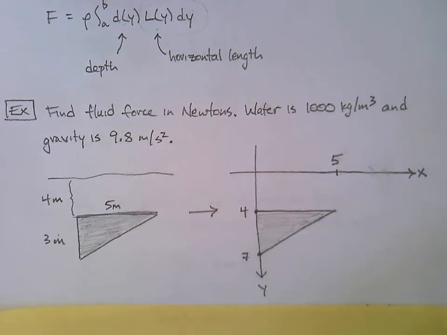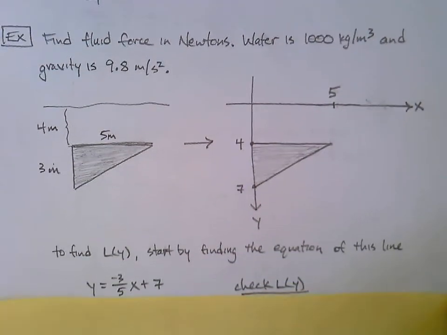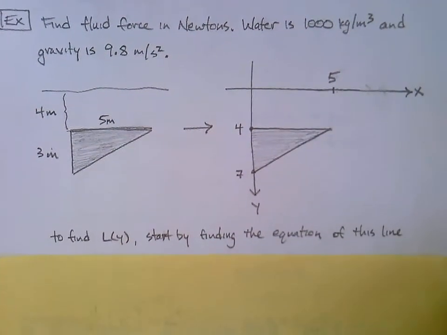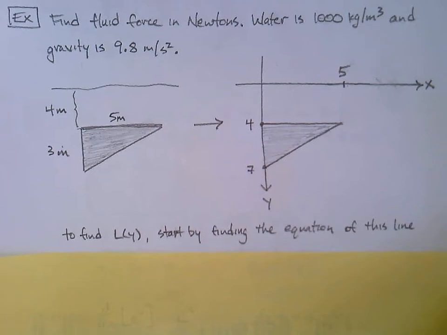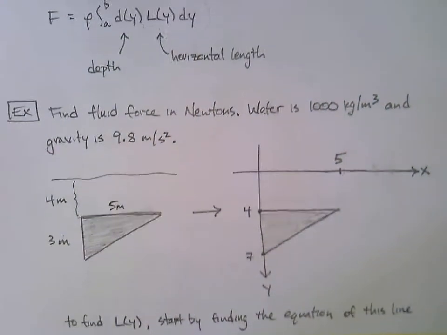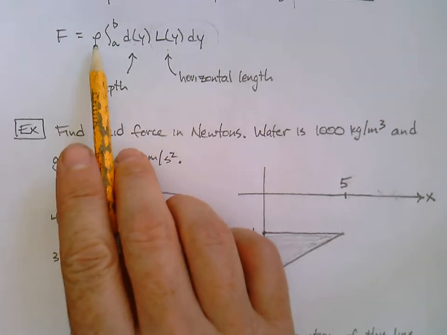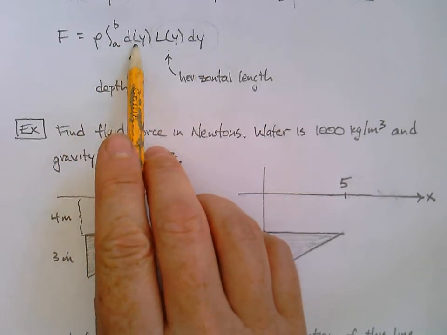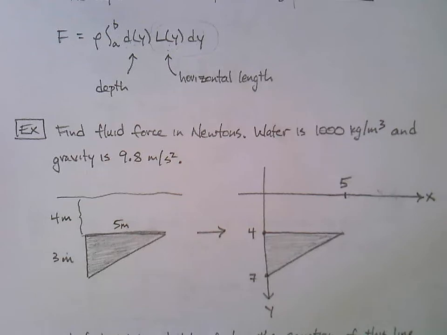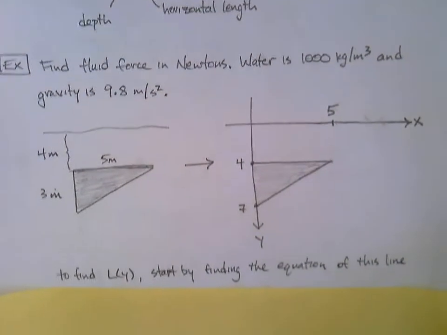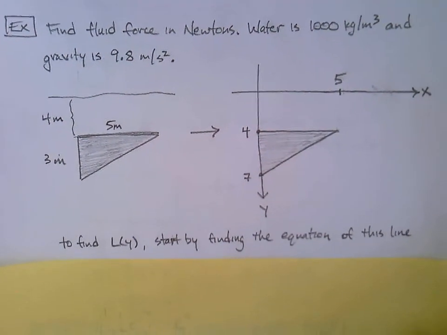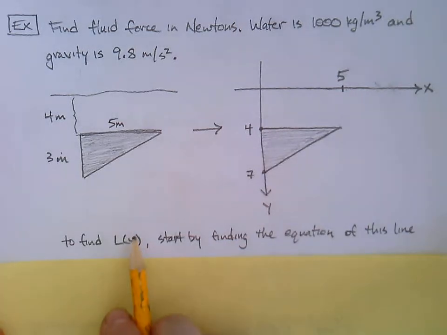Okay, so what can we do with this? If you think about our formula, right, we've got lots of parts. We've got rho, we've got a, b, d of y, and L of y. I find the most challenging of those by far is L of y, the length at any given depth.